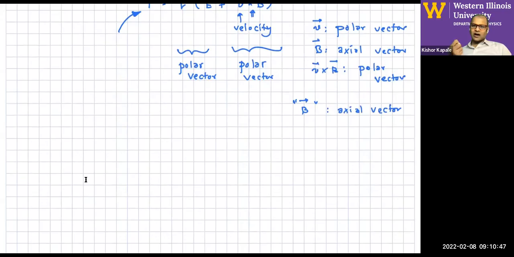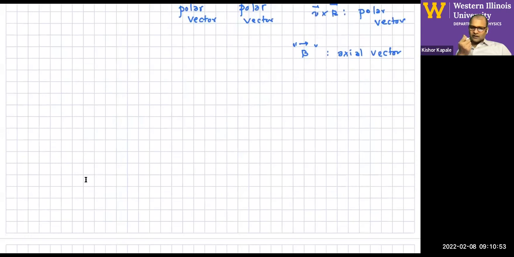And an axial vector cannot come on its own. It cannot be a fundamental quantity. It has to come from something else, from some sort of a cross product. That means there's some other quantity that is more fundamental, which is the potentials. So the electric and magnetic field themselves are not fundamental.